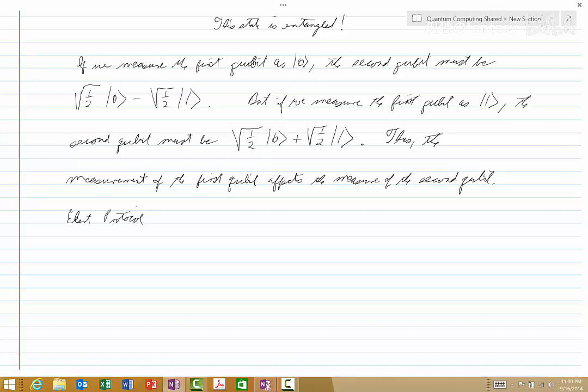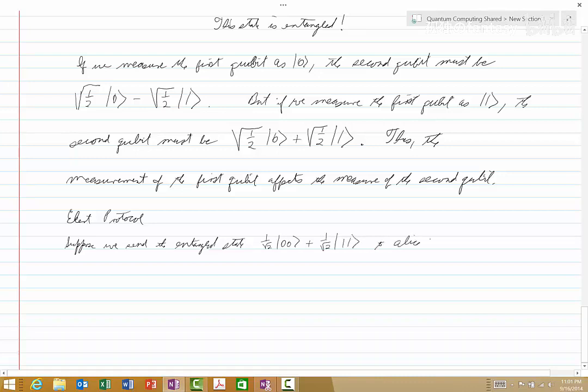But just to give you a brief outline of it, suppose we send the entangled state 1 over square root of 2, 0, 0, plus 1 over square root of 2, 1, 1, to Alice and Bob. But let me be a little more specific.